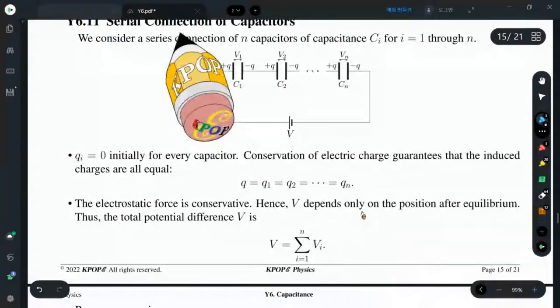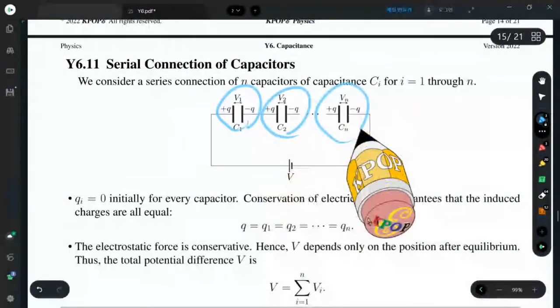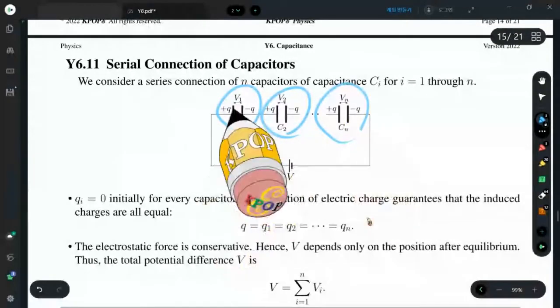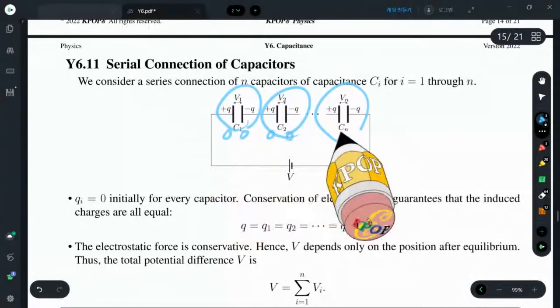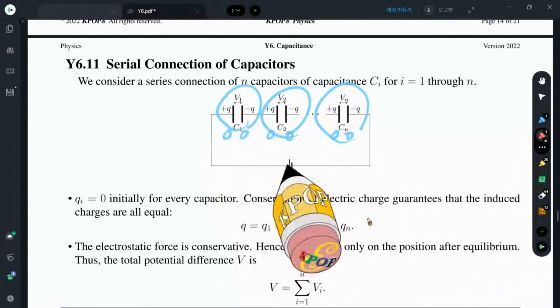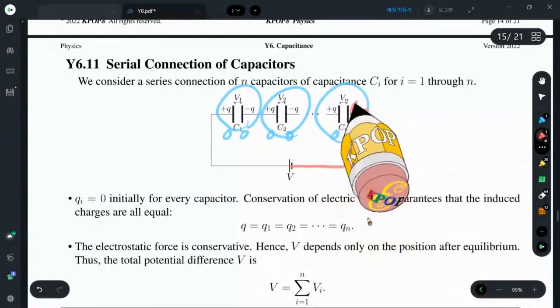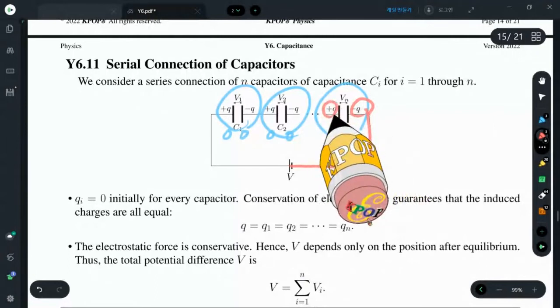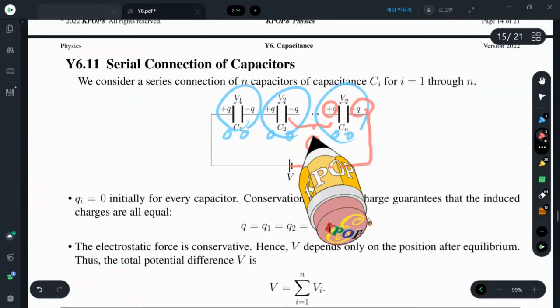What happens if you connect them in series? In this situation, because originally they were discharged, if I bring minus Q, electrons flow into minus Q, this one attracts a plus Q, and in here there was no net charge.